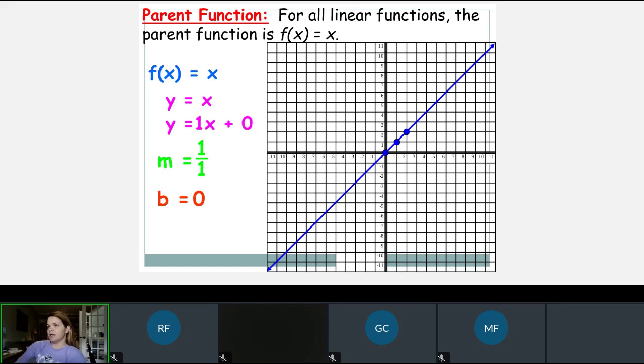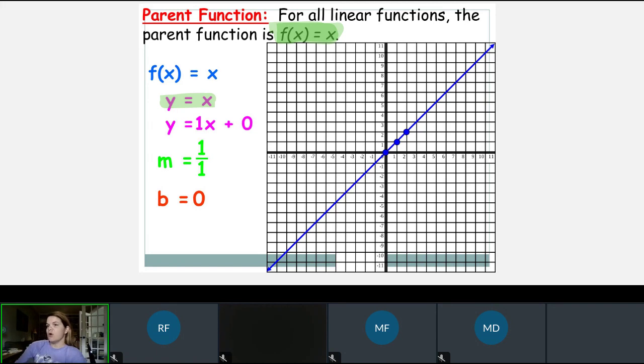The parent function, again, is f of x equals x, or another way to write it is y equals x. So whenever we are going to graph this, we ask ourselves, okay, what is the y-intercept? What is the slope?